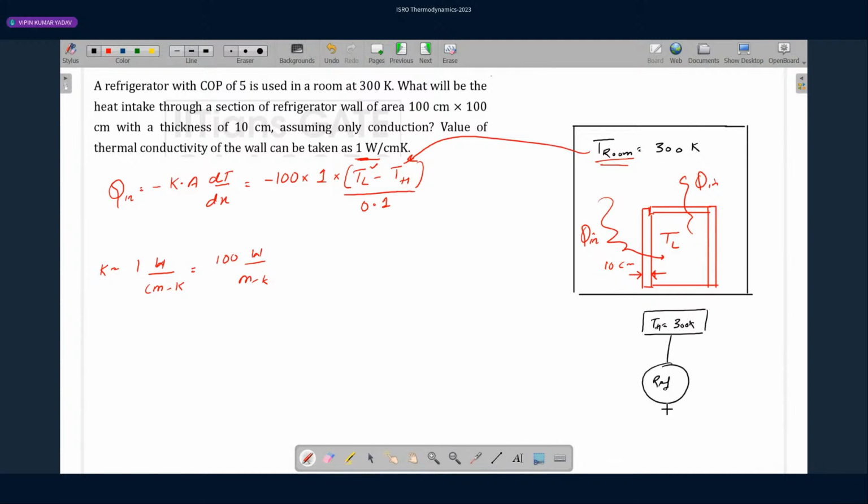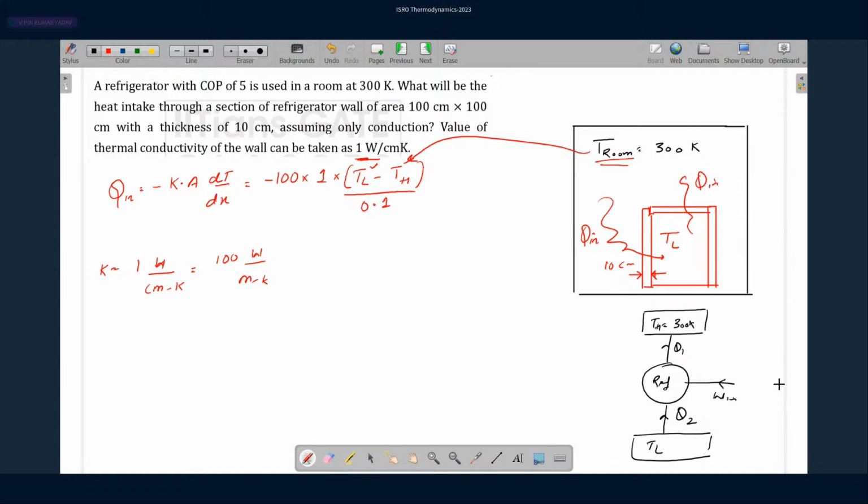This is my refrigerator, and this is the lower temperature that I need to find out. Now Q I need to throw out, this is Q2, and this is Q1, and this is work input. Okay, the refrigerator with COP of 5 is used.